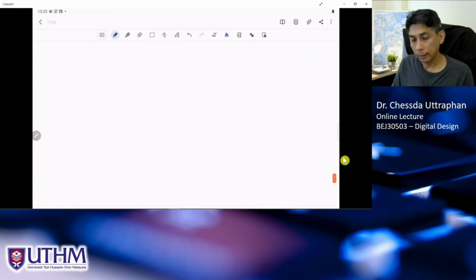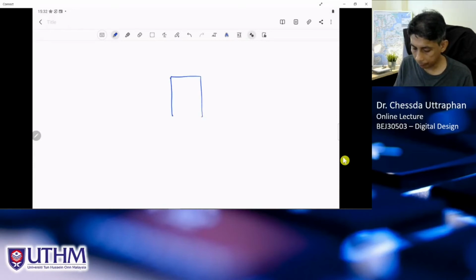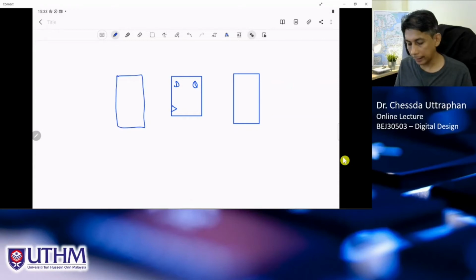where the general structure of the finite state machine is always like this. We have the flip-flops, and we have the output logic, and we have the next state logic.